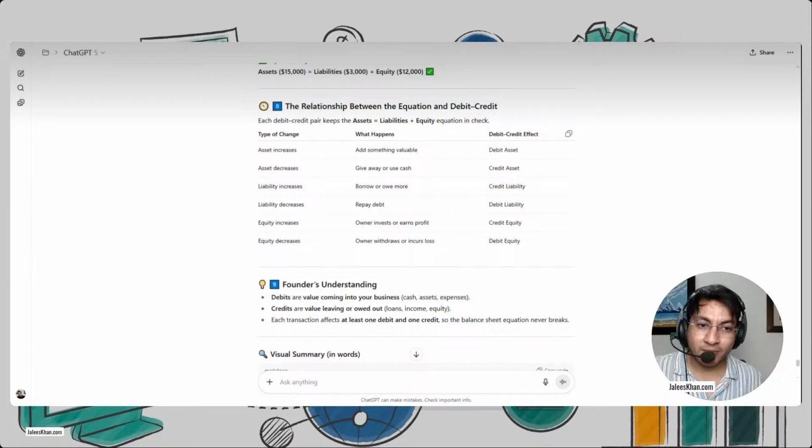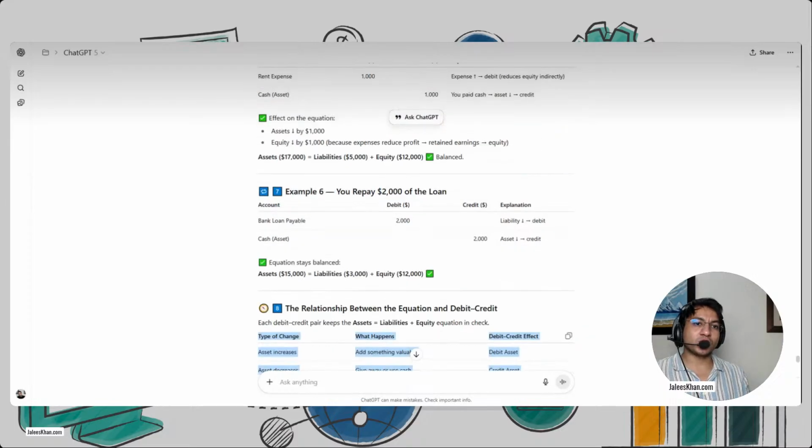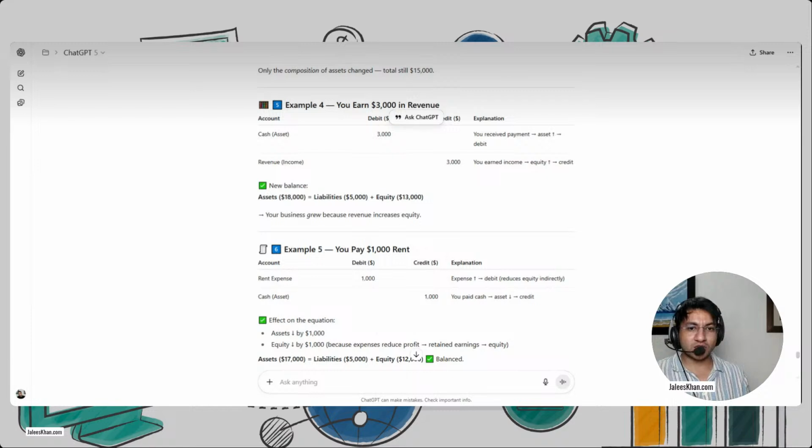A liability increase now. How are you seeing it? Okay, for me, if liability increases, it means that something is coming into the liability side of the equation, which is this one.